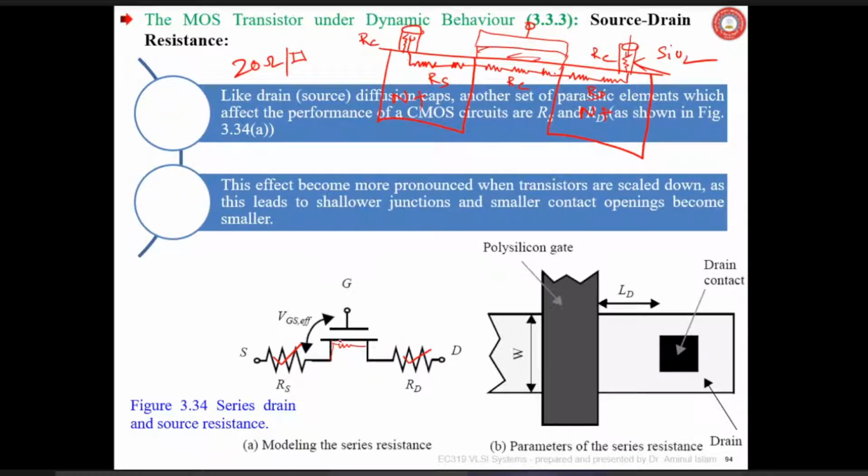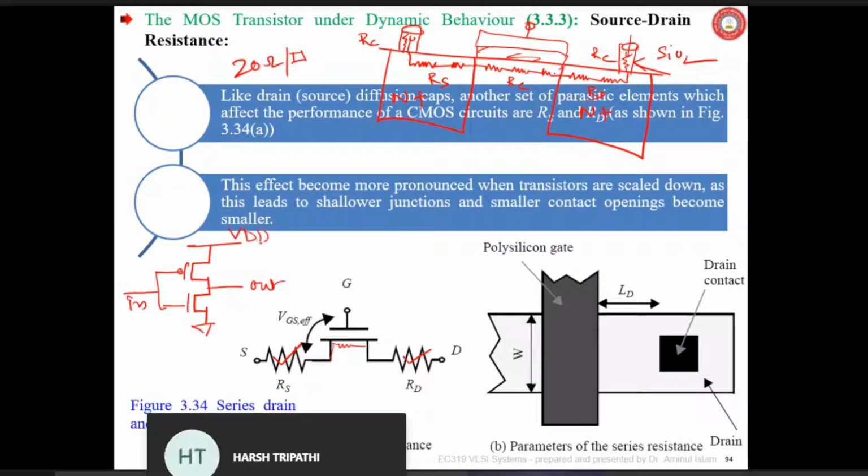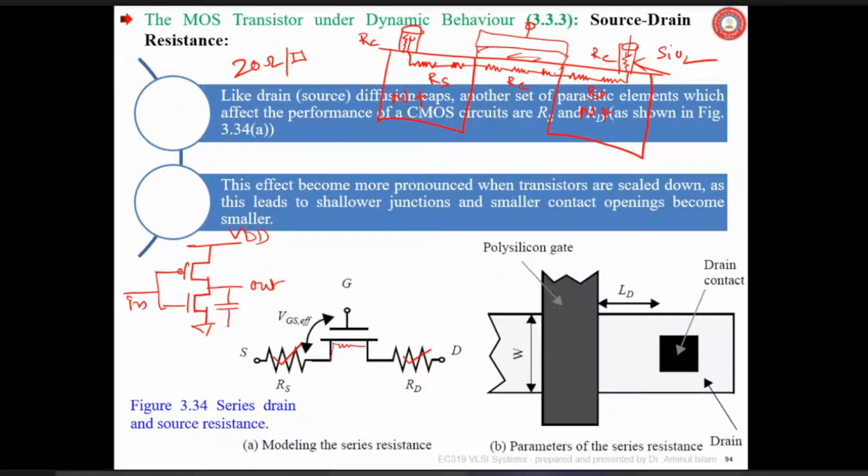Propagation delay of any gate, any circuit, is a function of the capacitance as well as the resistance. Whenever you are talking about the delay of an inverter, so far we have only discussed the load capacitance CL.